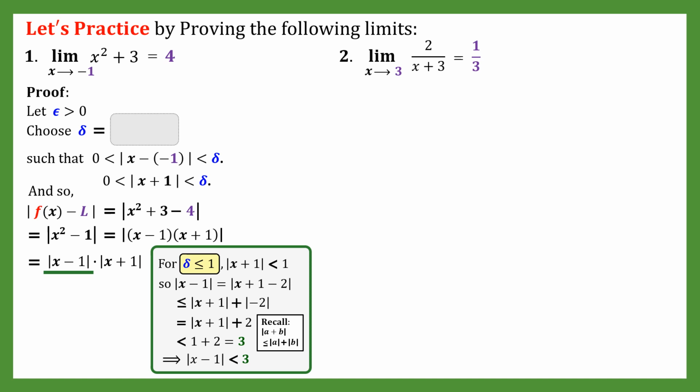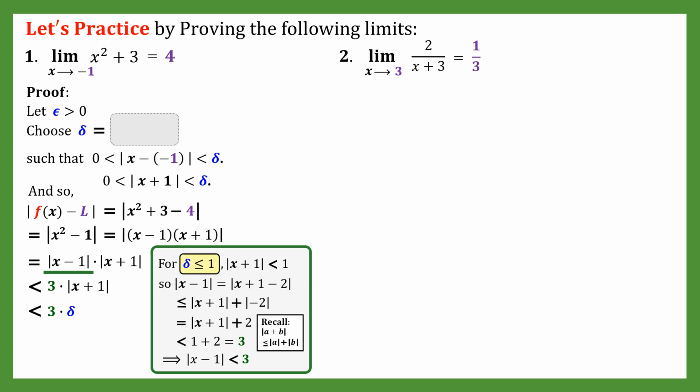Returning to our original product, we can now say that this product is less than 3 times the absolute value of x plus 1. And since the absolute value of x plus 1 is less than delta, then this product is less than 3 times delta.